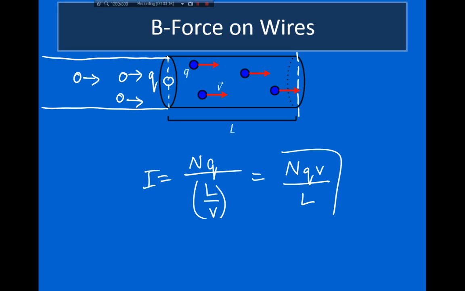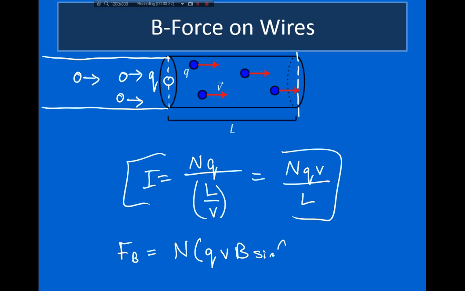So if we go ahead and compare the formula we found for the current to the formula for the force, remember that that formula is equal to N times the force that is exerted on a single charge, which is QVB sine theta. Hopefully you can see that this quantity, NQV, this quantity I have underlined here, is the same quantity that appears in the numerator right here.